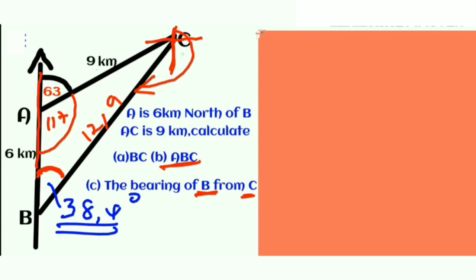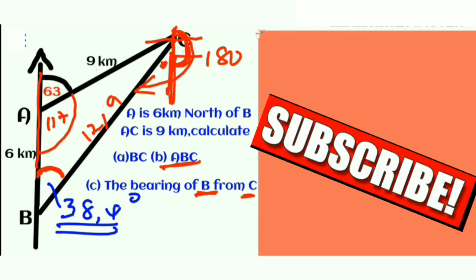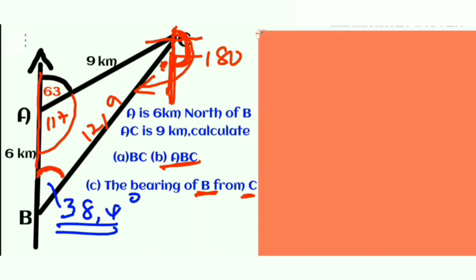But this side is 180 degrees, a straight line. So how do we find this part? You have to add 180 plus this angle. So what is this angle?